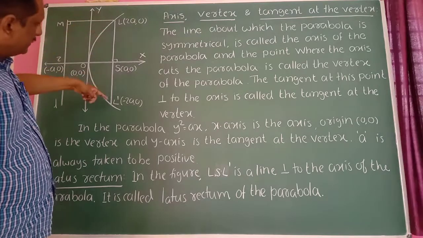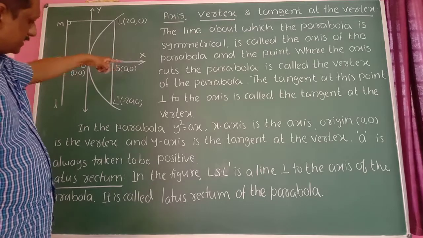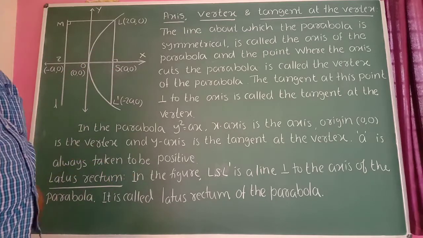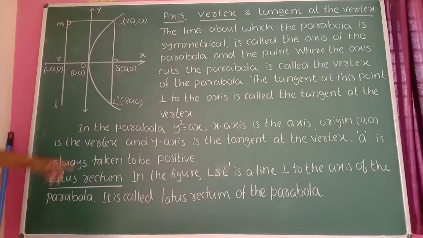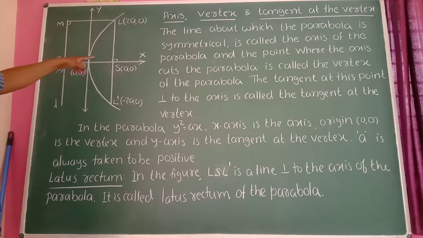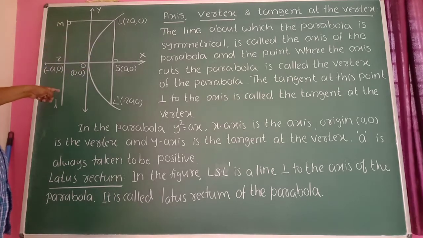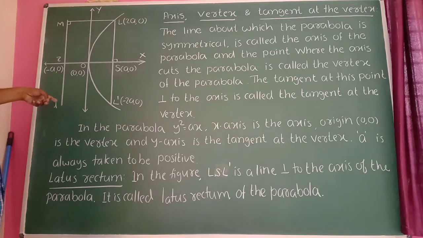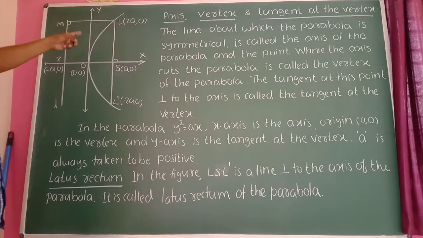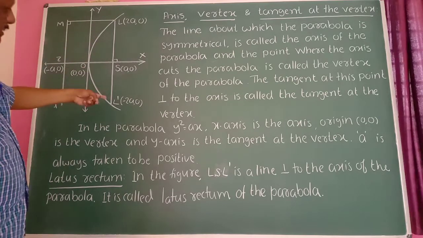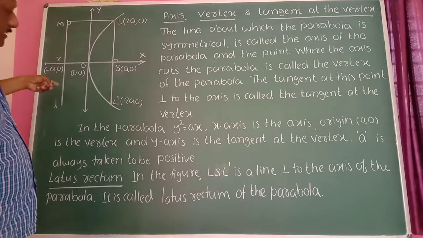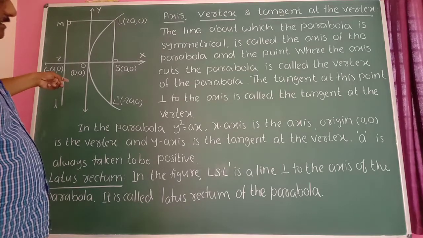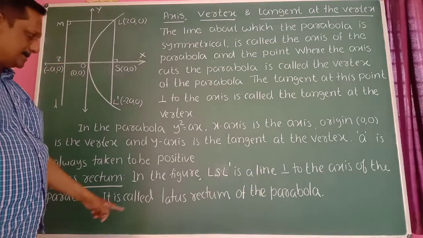This is a line perpendicular to this axis. It is called the latus rectum of the parabola. This line is perpendicular to the axis and parallel to the tangent at the vertex as well as the directrix. This is the directrix, this is the tangent at the vertex. So this line is parallel to both the directrix as well as the tangent. This is called the latus rectum.